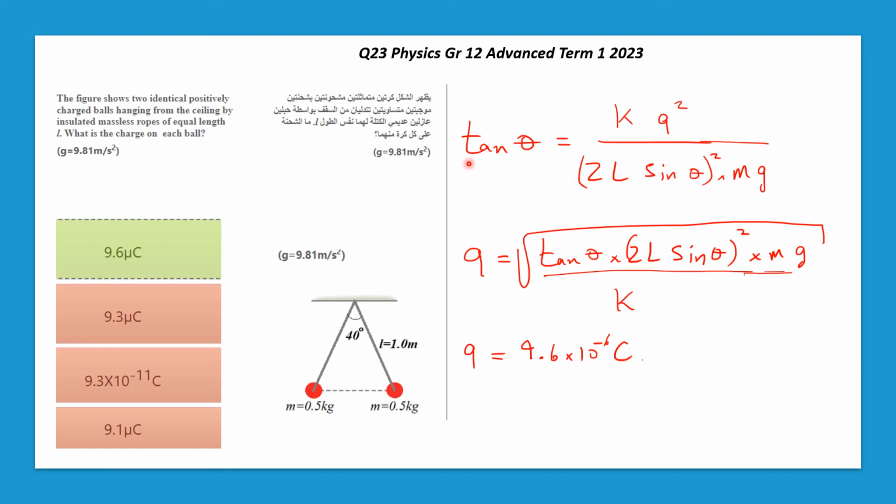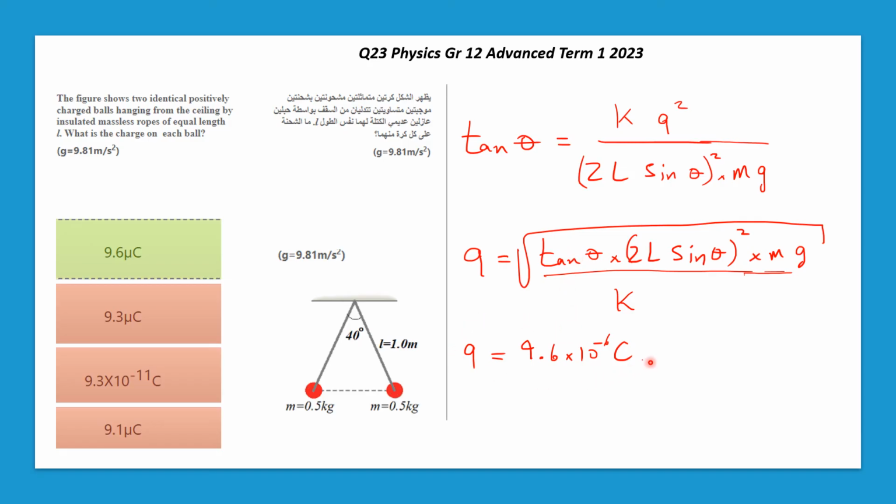The tangent of the angle is equal to kq squared over (2l sine of the angle) all squared, multiplied by mass multiplied by gravity. You arrange the equation, and q is equal to the square root of that amount. But you should know that the angle in this case is half of 40 degrees, so it's 20 degrees. You need to consider the angle as 20 degrees.